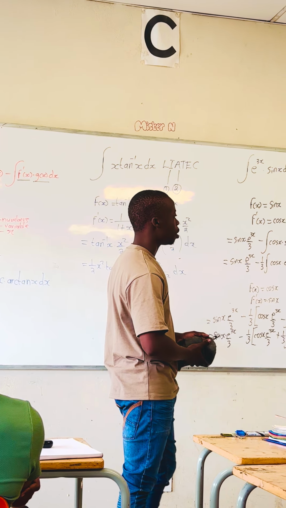So before we continue with that one, let's learn how to work with long division. We can use long division when we have an algebraic function. So what is happening?